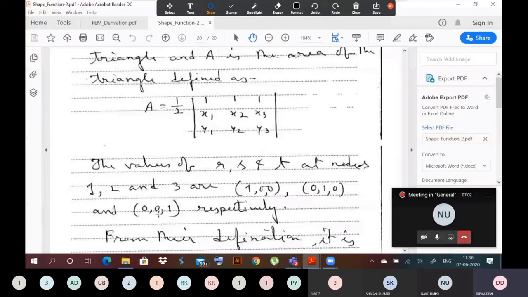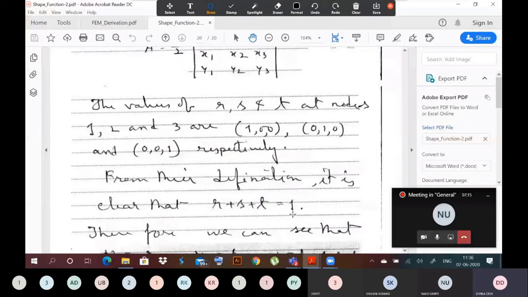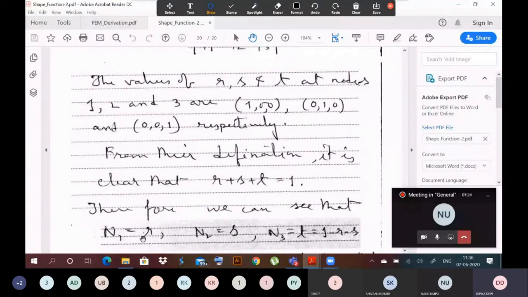Therefore, we can define R is equal to N1, S is equal to N2, and 1 minus R minus S is equal to T is equal to N3, because R plus S plus T is equal to 1. Therefore, T we can define as T is equal to 1 minus R minus S. So that way, our shape function N1 at node 1 will be equal to R. What was R?